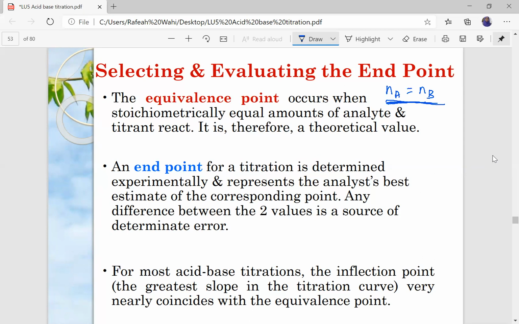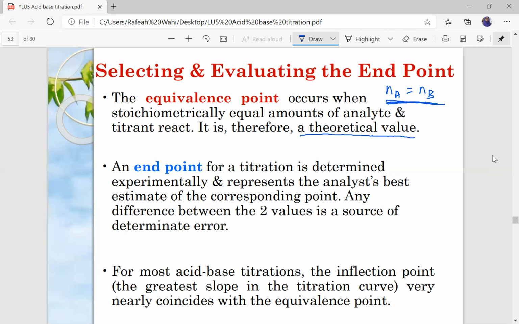This is because at any equivalence point of a titration, we have a stoichiometrically equivalent amount of analyte and titrant. Because this can be calculated, it is considered a theoretical value.